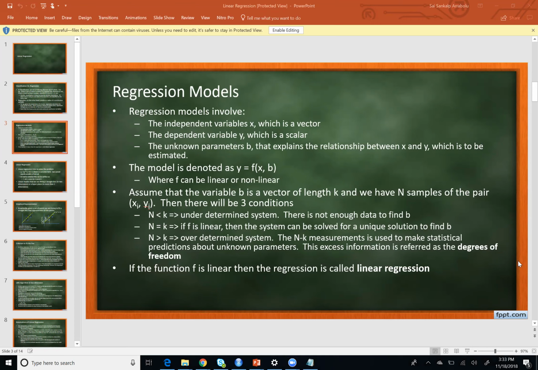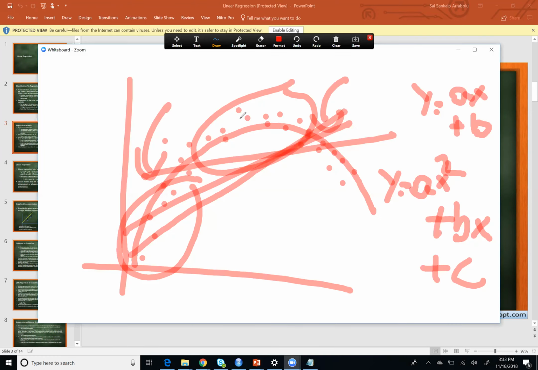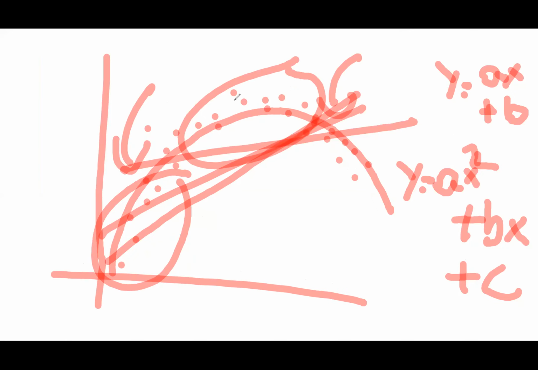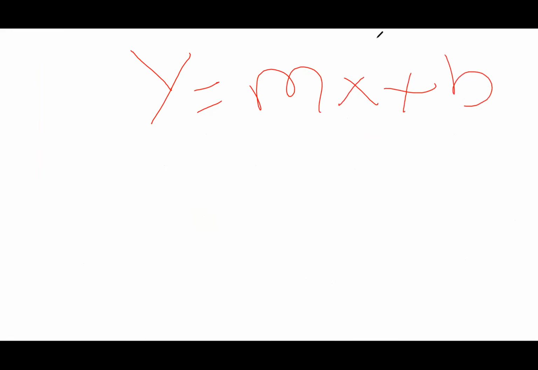Okay, let me ask a question the other way. Everyone knows the equation of a line, right? Y equals mx plus b. So this is the equation of a line. How many points do you need to actually determine the equation of a line?